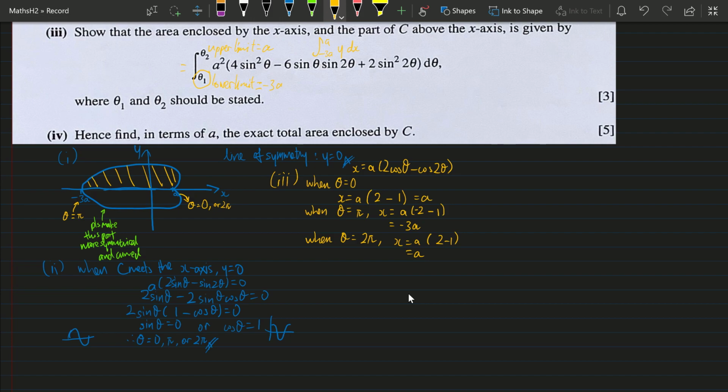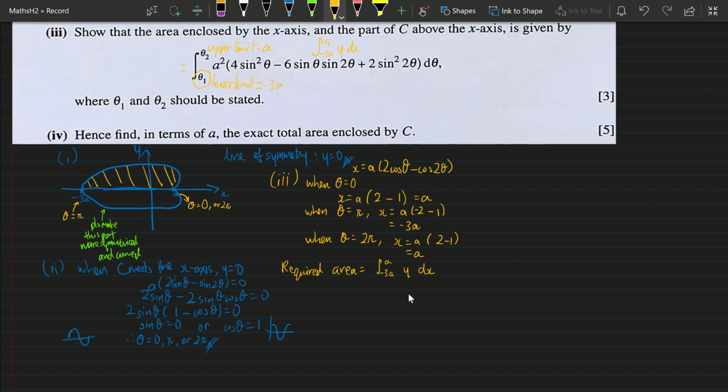So now we know that when we want to do this integration, we are integrating from, so the required area, or you can say area enclosed, up to you. Required area is my preferred term. So the integral of y dx, lower limit negative 3a, upper limit a, then y dx. So it looks like, hey, we can do this, right?